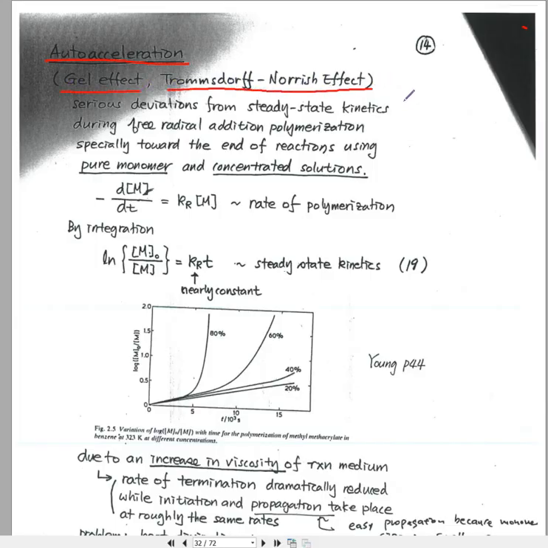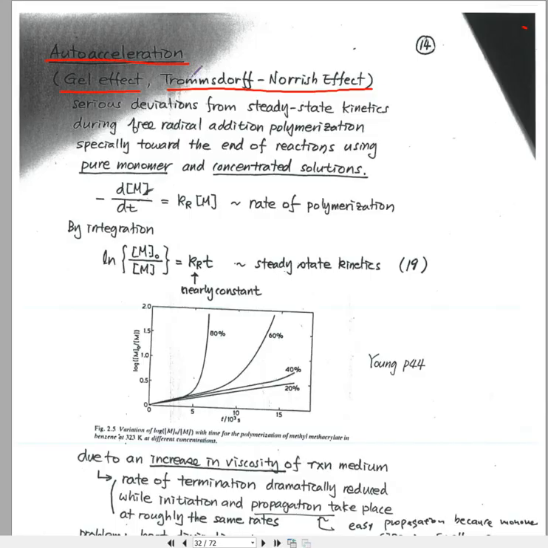We could use the steady state approximation, at which the generation and the termination rates of the radical are basically the same. We also learned that this assumption is valid, and it was checked experimentally.